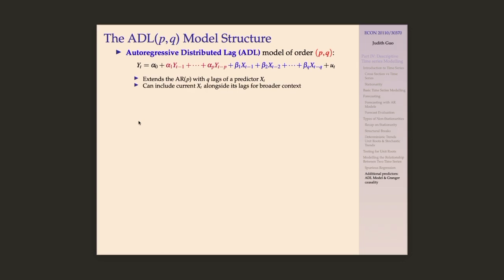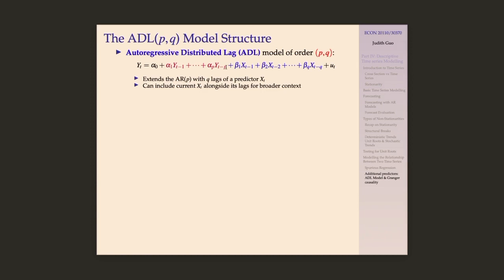Now, for this model, we can include the current X_t alongside its lags for broader context. Okay, so here, we haven't yet inserted a beta naught times X_t. You could do that. That's still an ADL(p,q) because we still have p lags of Y and q lags of X. Okay? So q is the number of lags, whereas X_t itself is not a lag.